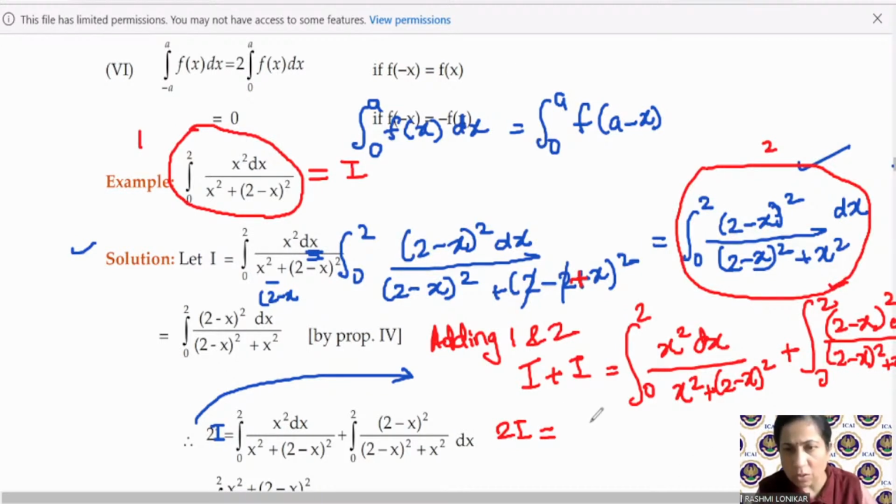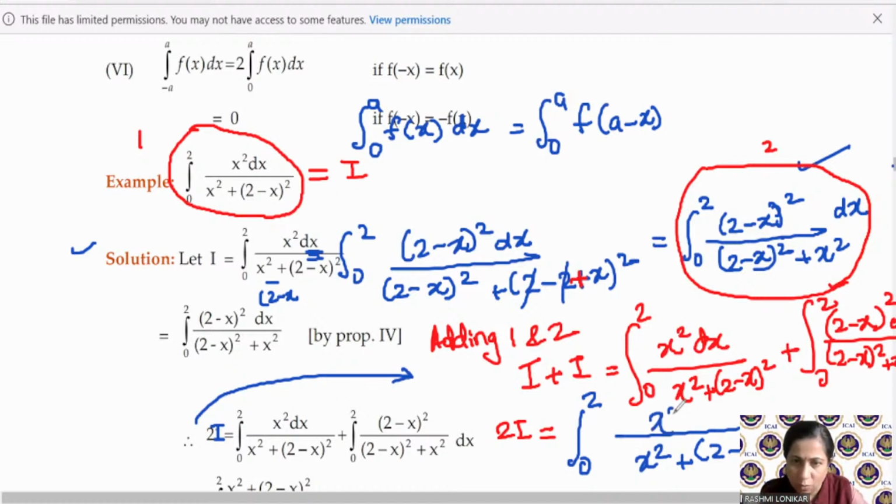Now what will this be equal to? This is equal to the integral of 0 to 2. The denominator is the same, x square plus (2 minus x) whole square. What is in the numerator? x square, and here (2 minus x) square. Now can you see the numerator also has x square plus (2 minus x) whole square, and the denominator also has x square plus (2 minus x) whole square?